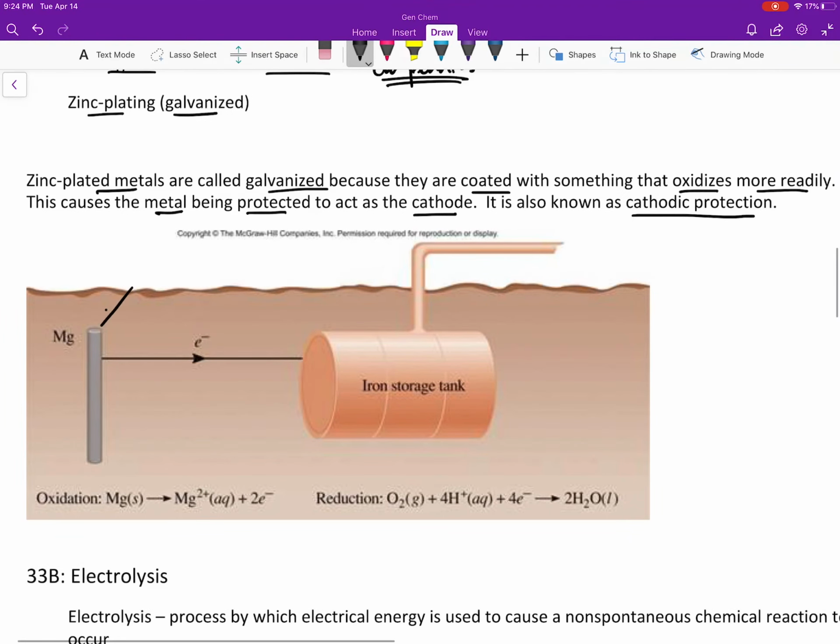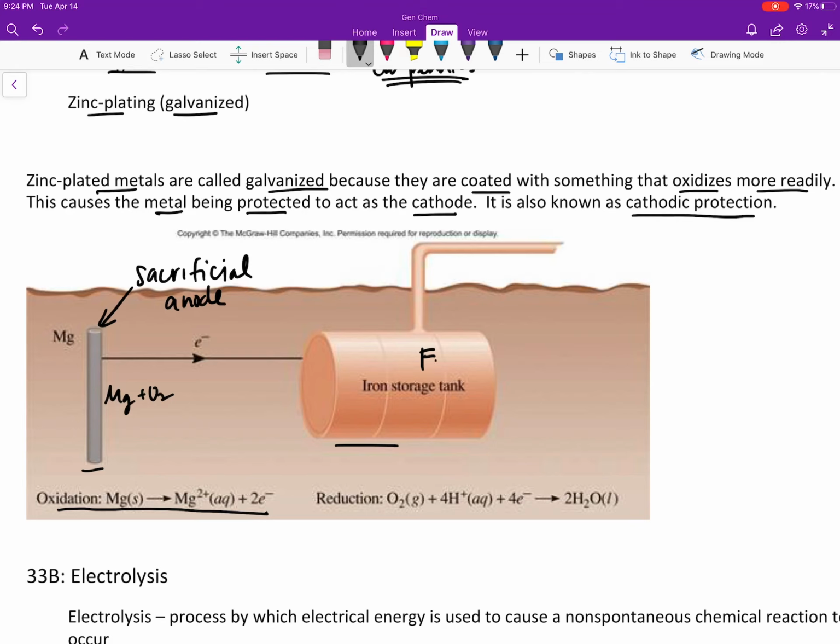So if we're looking at this example, magnesium here is acting as what's called the sacrificial anode, meaning it's going to undergo oxidation, and that protects the iron because the magnesium is going to oxidize and the iron is going to stay iron. And the reduction equation is going to be the oxygen forming water. But once this sacrificial anode runs out, well, then the iron might be more susceptible.